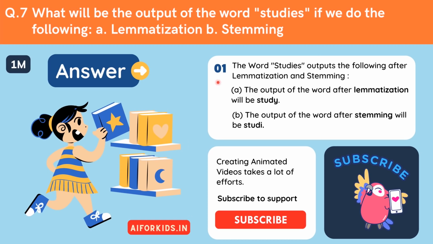Okay, so let's see the answer. The word studies outputs the following after lemmatization and stemming. A. The output of the word after lemmatization will be study, and the output of the word after stemming will be studi, S-T-U-D-I.